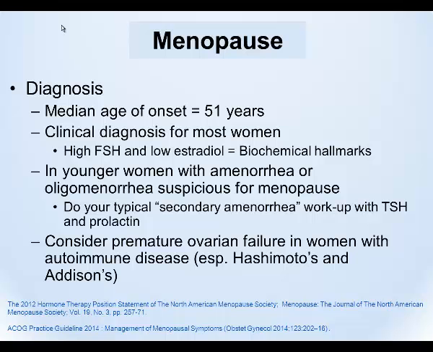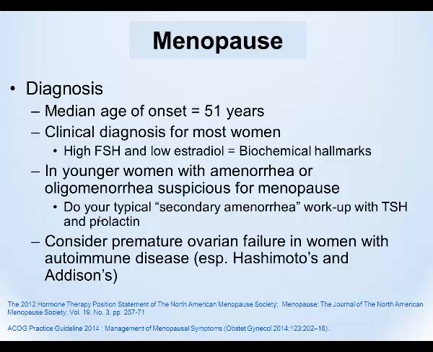In younger women with amenorrhea or oligomenorrhea, you should do your typical secondary amenorrhea workup, which would be like TSH and prolactin. Something that they like to put in these board review questions is that if people have a high burden of autoimmune endocrinopathies like Hashimoto's thyroiditis and Addison's, the diagnostic entity they want you to think about is premature ovarian failure. But you would test for that with the FSH and estradiol as well.